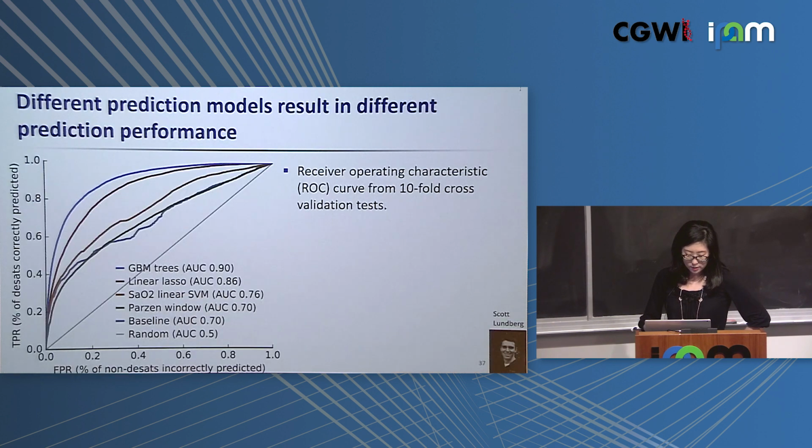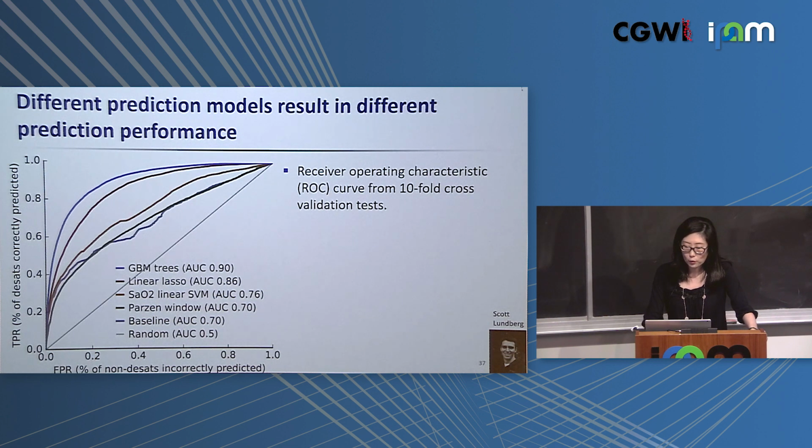Now we are ready with this training data, and my PhD student, Scott Lundberg, learned a prediction model, measured its prediction performance on new held-out data, and drew these ROC curves from a 10-fold cross-validation test.